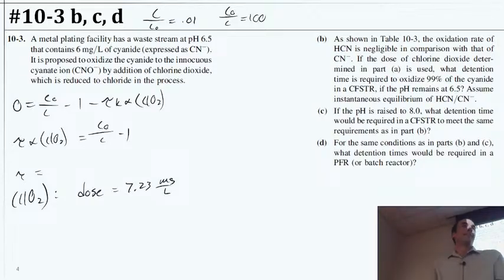You see anything? What's that? Yeah, it's the overall rate constant, like the units are per molar per second, but the per molar, is that coming from the reaction with the chlorine dioxide or the cyanide? That's my question.